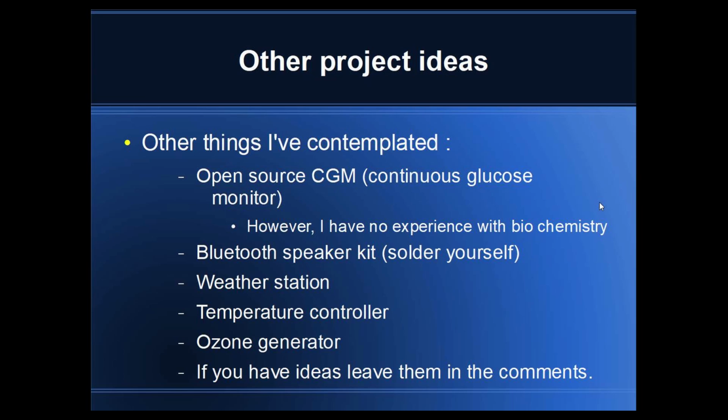Other things that I've contemplated making: an open source continuous glucose monitor. This one would be very, very challenging. I read a couple of patent reports for existing CGMs out there.